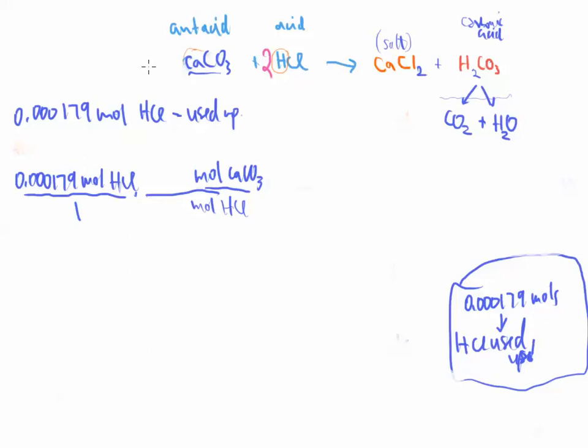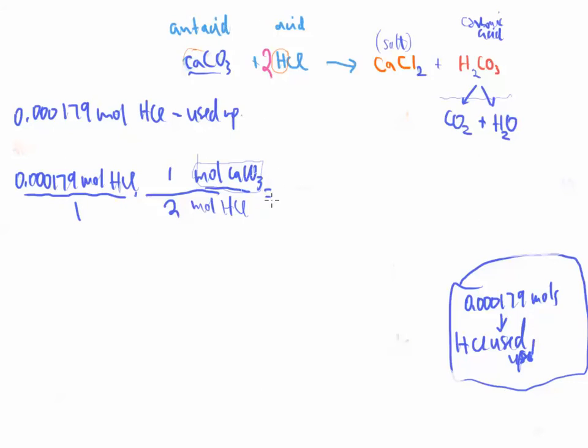Up in the balanced chemical equation, here's my hydrochloric acid. There's a 2 in front, so a 2 goes here. And my CaCO3 has a 1 in front, so a 1 goes there. So in order to calculate the moles of calcium carbonate, I just take 0.000179 and divide it by 2.